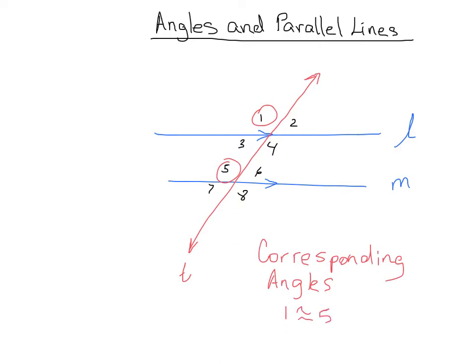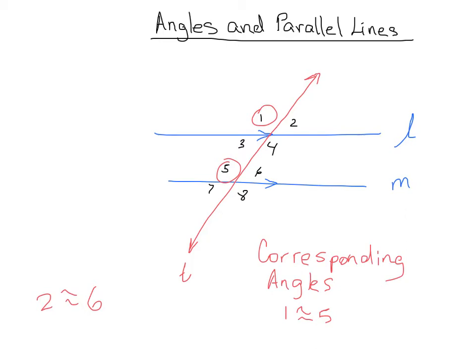Alright, we have other corresponding angles here. On the other side of the transversal, at the top of L and M, we have 2 and 6. They are also congruent because they are corresponding. What other angles are corresponding with each other? Again, on the left side of the transversal, the other two angles, the ones at the bottom of their corresponding lines, are also corresponding angles.